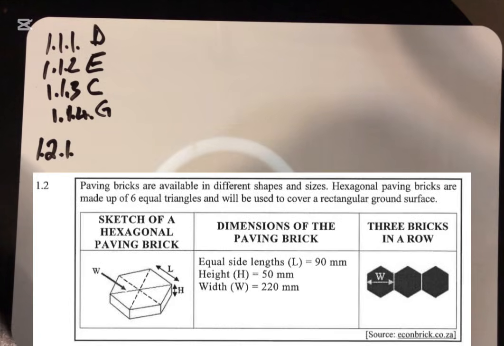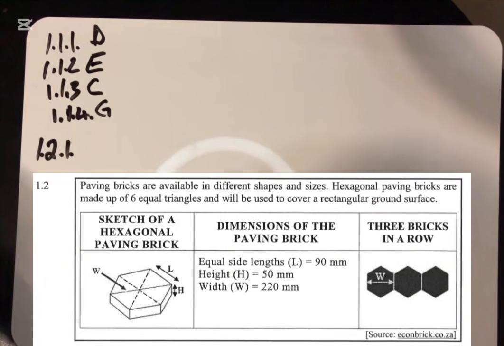So we can see the sketch of a hexagonal paving brick. We have the width, the length, and the height. Dimensions of the paving brick: the equal side length is 90 millimeters, height is 50 millimeters, width is 220 millimeters. The 3 bricks in a row, we can see the width, just like that.